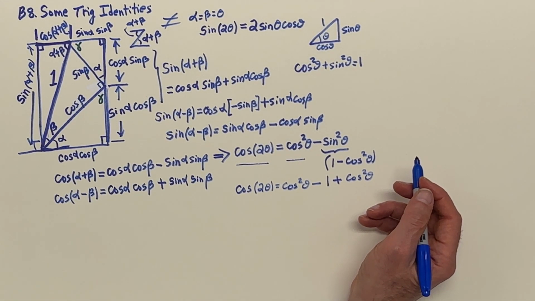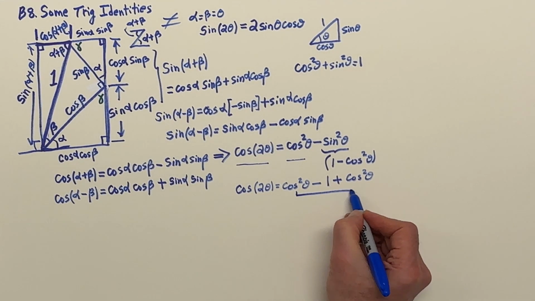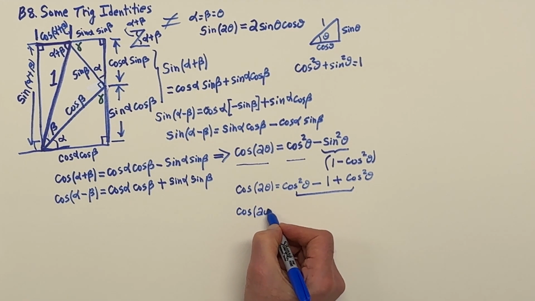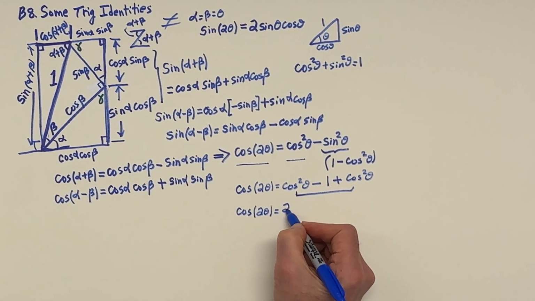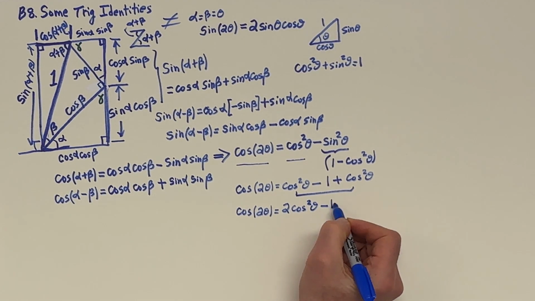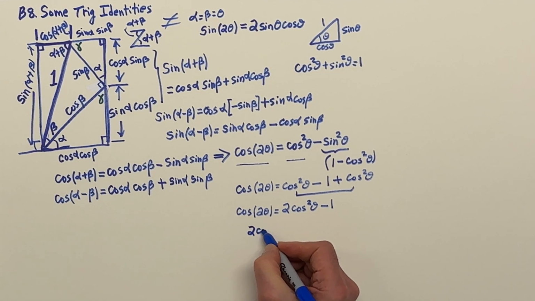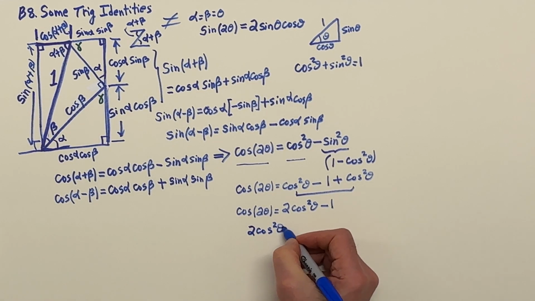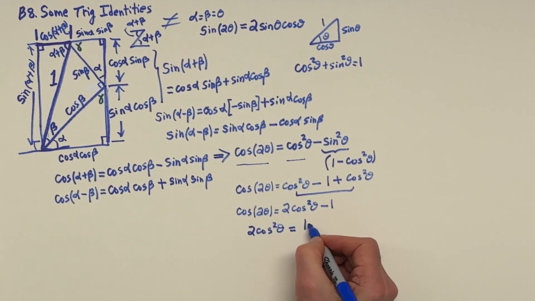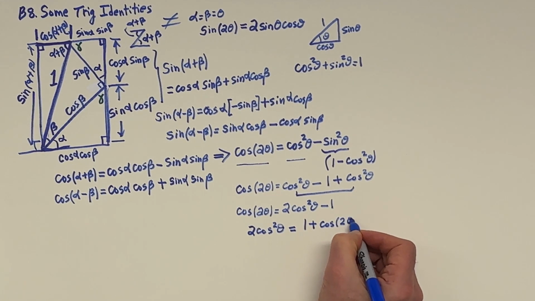And then here we see that we got 2 cosine squares. So we have cosine of 2 theta equals 2 cosine squared theta minus 1. And you could write that as 2 cosine squared theta equals, bring the 1 on the other side, 1 plus cosine 2 theta.